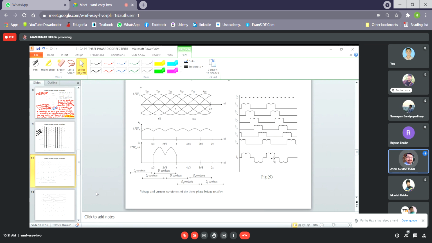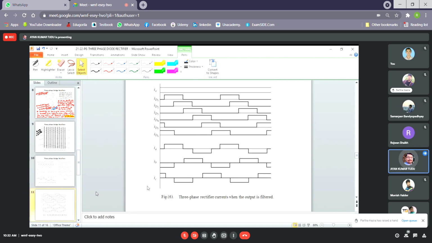Now in many applications a load with series inductance is used. When we have a load with series inductance, the output is filtered and the result is as you can see here. A load with series inductance results in a DC load current.